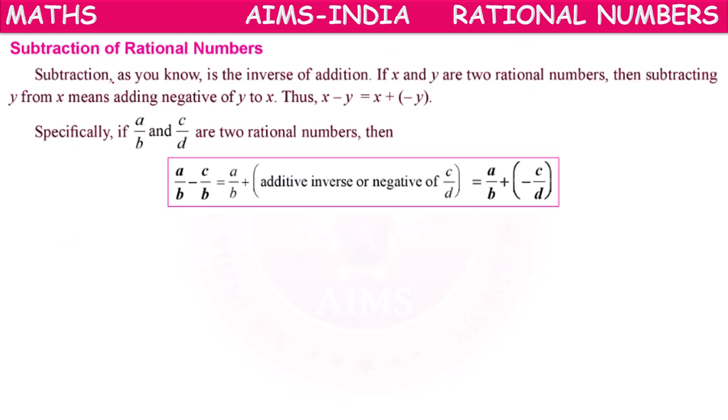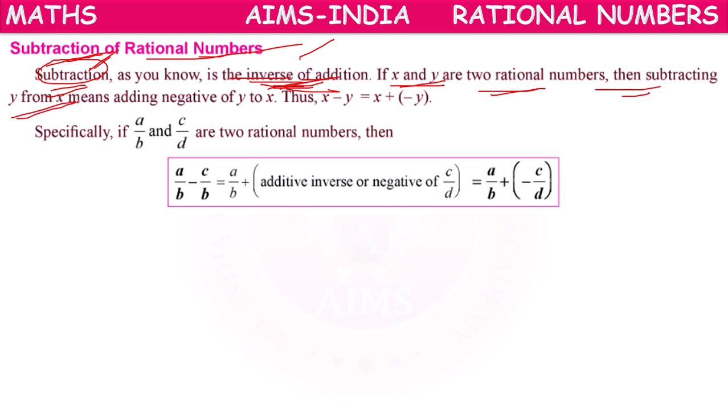So next, subtraction of rational numbers. Subtraction we already know. Subtraction is the inverse of addition, from our earlier classes. Suppose x and y are two rational numbers.